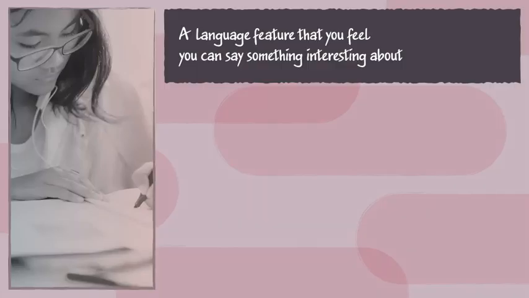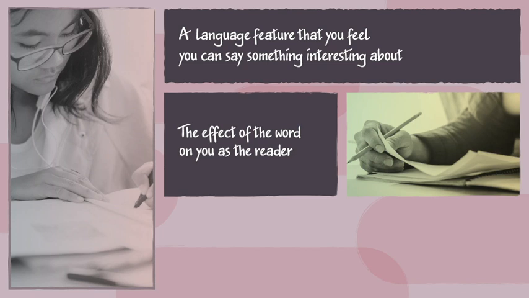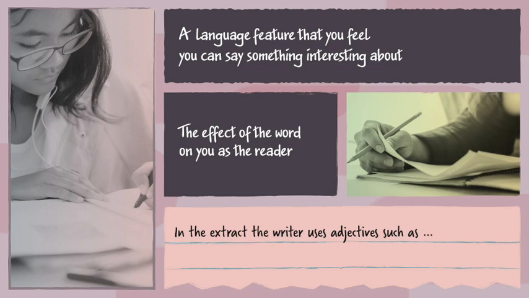But what's most important when answering this question is to focus on a language feature that you feel you can say something interesting about. Don't worry if you can't remember the correct term for the word. The most important thing is that you're able to talk about the effect of the word on you as the reader. So you might say something like, in the extract, the writer uses adjectives such as, and then pick out 1 or 2 to focus on.